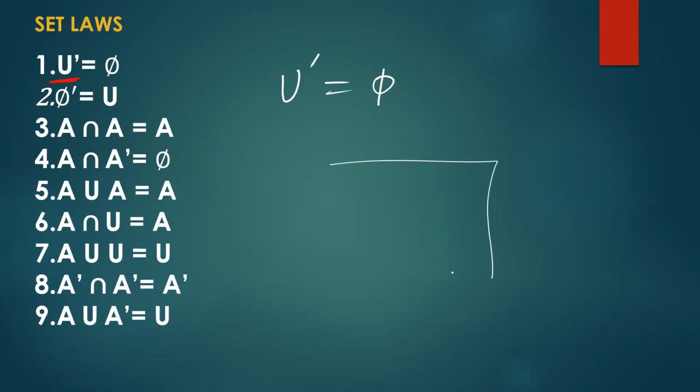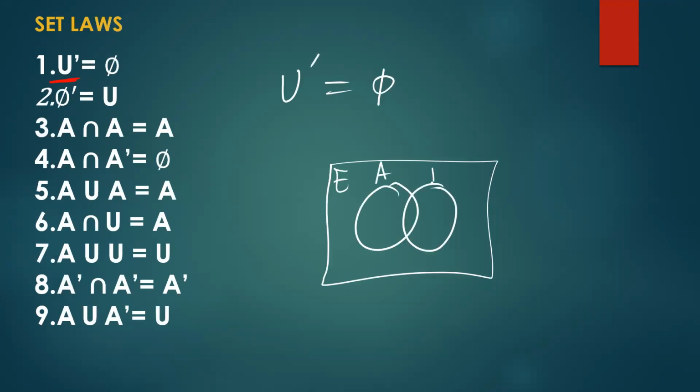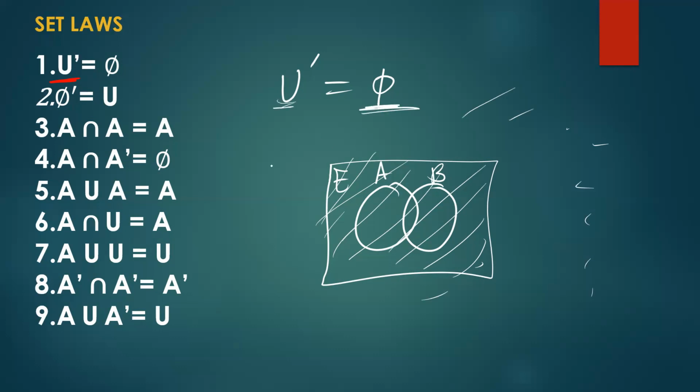What that means is that you have a Venn diagram with two sets, A and B, and this is the universal set, which is simply the whole set. If they say find what is outside the set, the universal set complement is simply an empty set. The same applies to the empty set complement: the answer is the universal set. This is the second one here.